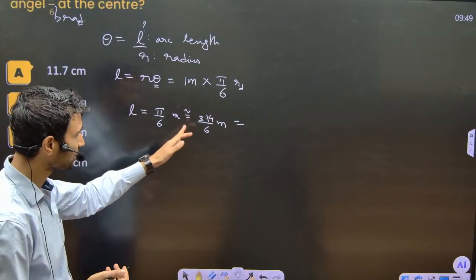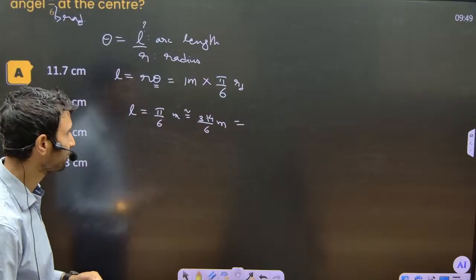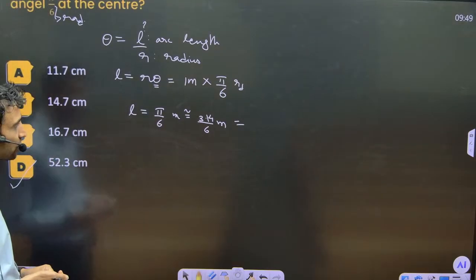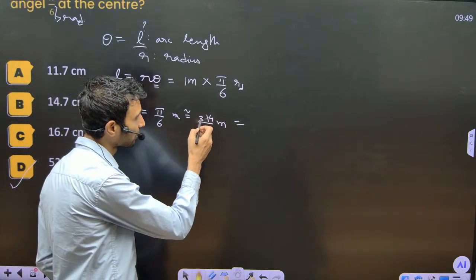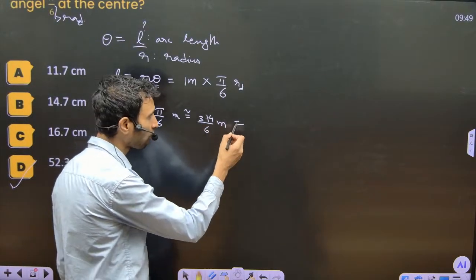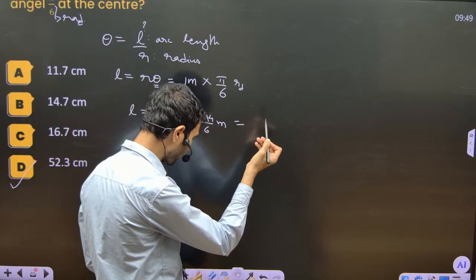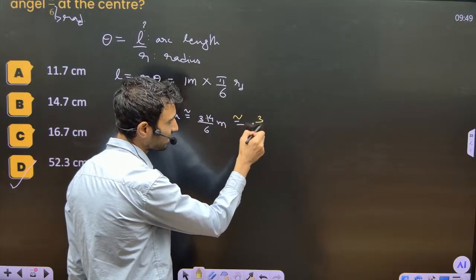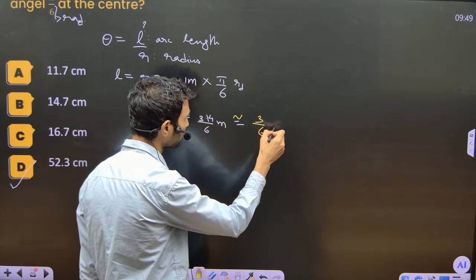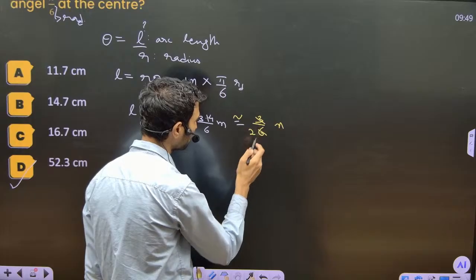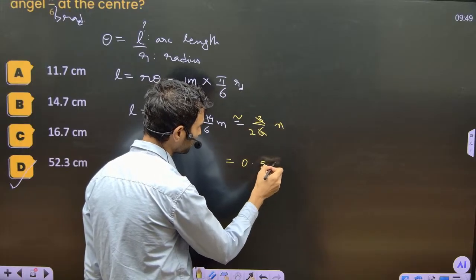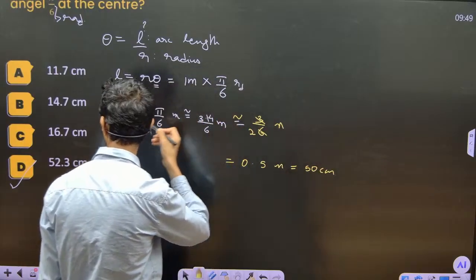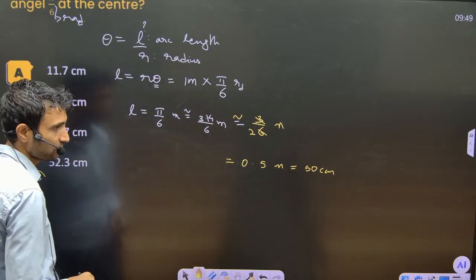Ideally, you should always do the actual calculation, but if you're running short on time and you have to simply guess the option, then 3.14 can almost be taken as 3. We're going as crude as possible. So 3 by 6 meter, that's like 0.5 meters, which is essentially 50 centimeter, right? At 50 centimeter, which option is closest to it? Well, that is D.